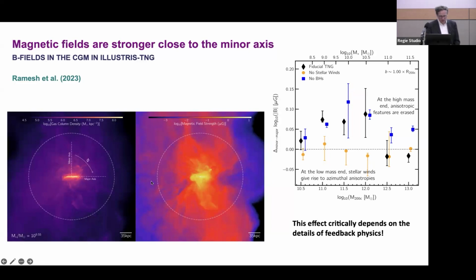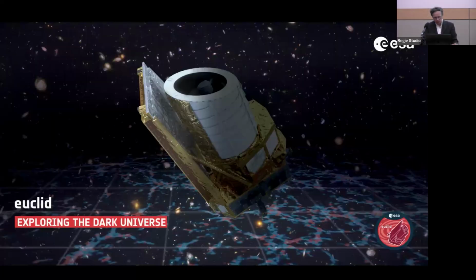We found that the magnetic fields, so we also simulate magnetic fields, are amplified by small-scale turbulent processes in the gas. This turbulence is a strong function of the winds that these galaxies blow out. And so it probes indirectly the physical assumptions we make about supernova explosions and the winds that they blow.